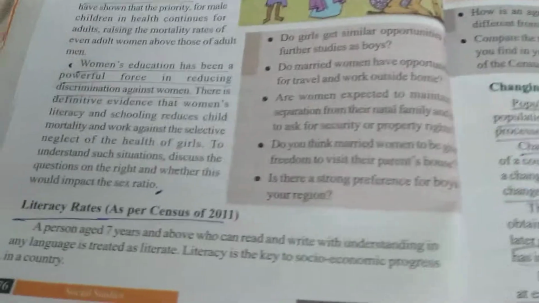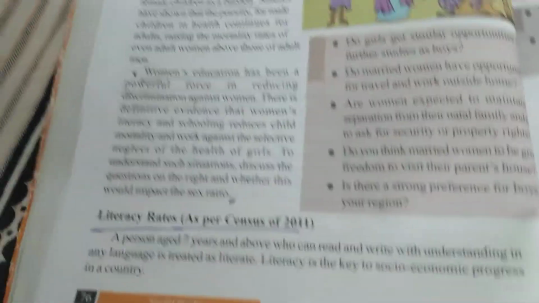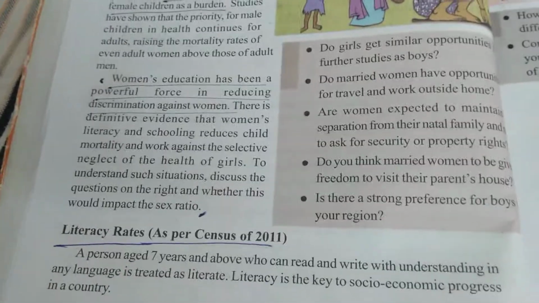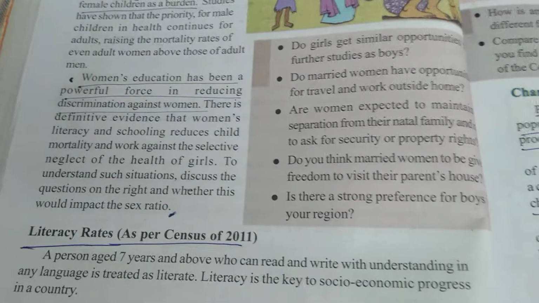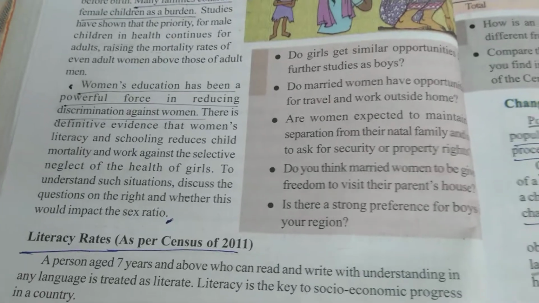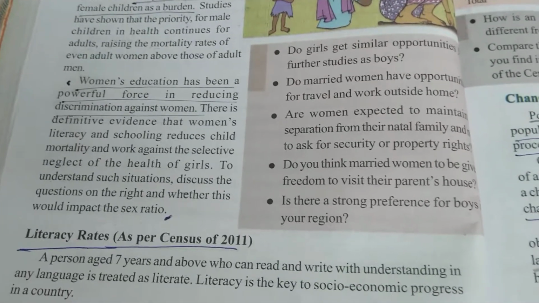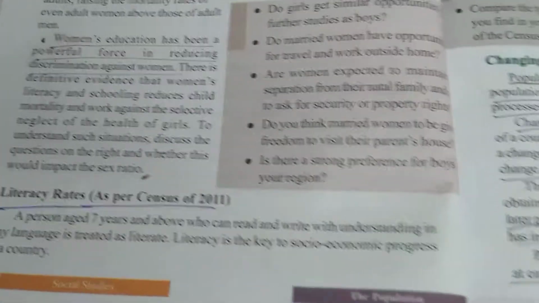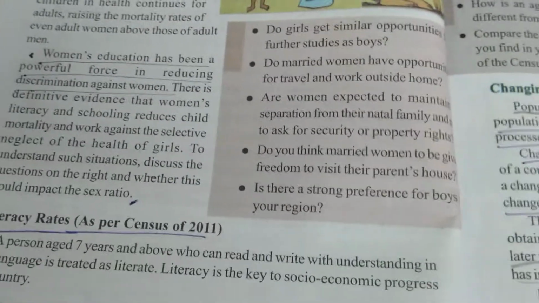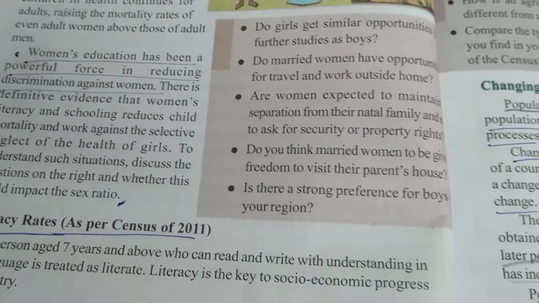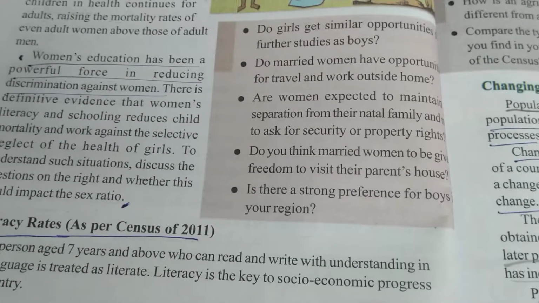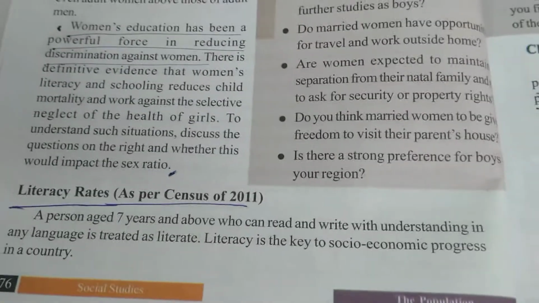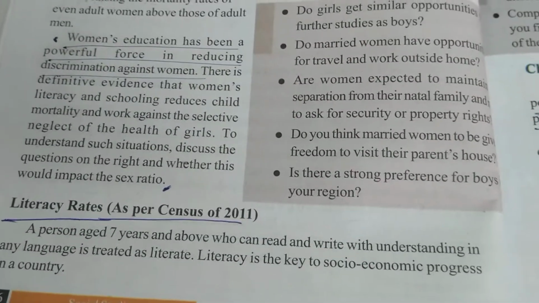Next, literacy rate. What is the meaning of literacy rate? A person aged 7 years and above who can read and write with understanding in any language is treated as literate. At least who can sign is also considered literate.